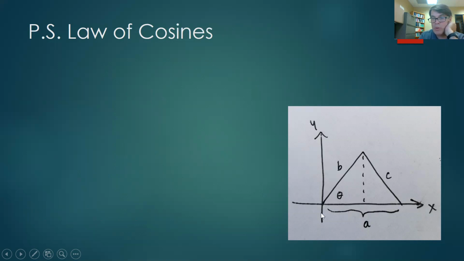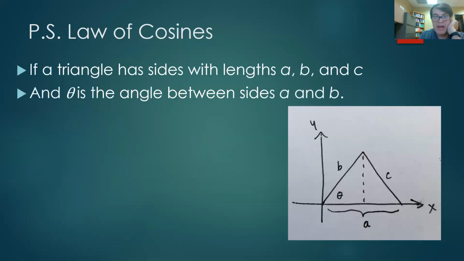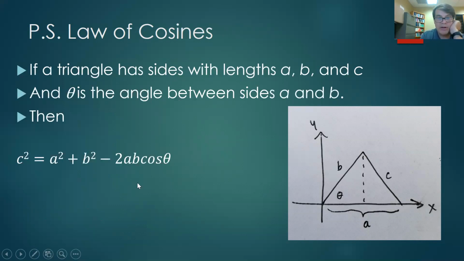And so what we do is we pretend like this particular corner of the triangle is on the origin of a coordinate frame. And then if a triangle has sides with lengths a, b, and c, and theta is the angle between sides A and B, then c squared equals a squared plus b squared minus 2ab cosine theta.